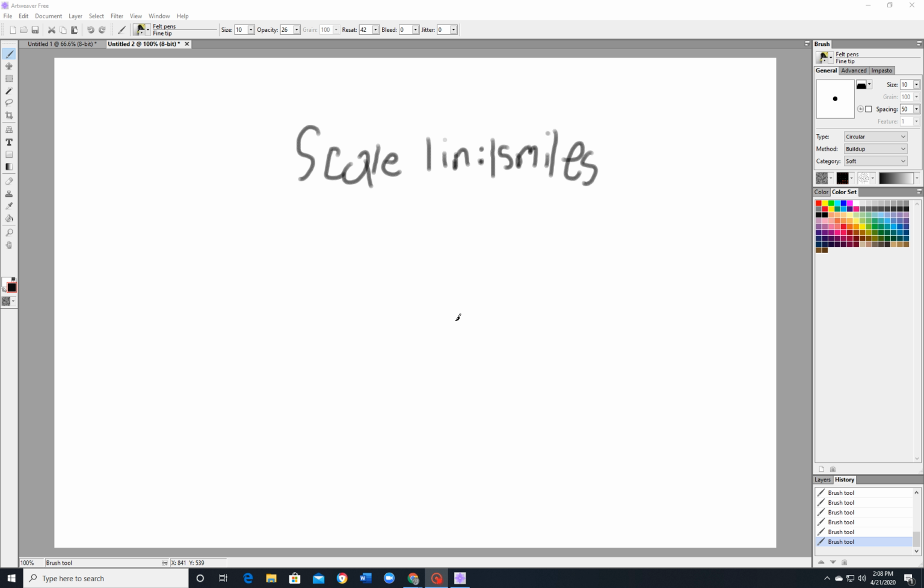So we have 3.4 inches apart, and it's a 1 to 15 ratio. And so what you want to do is make a table.